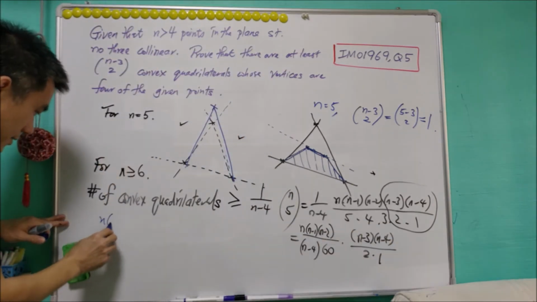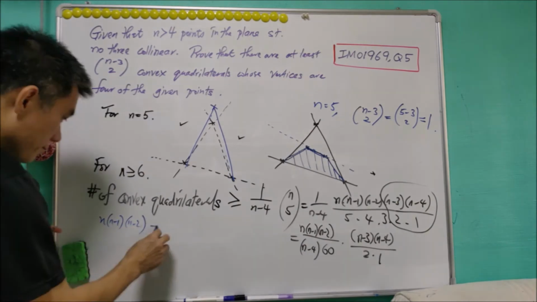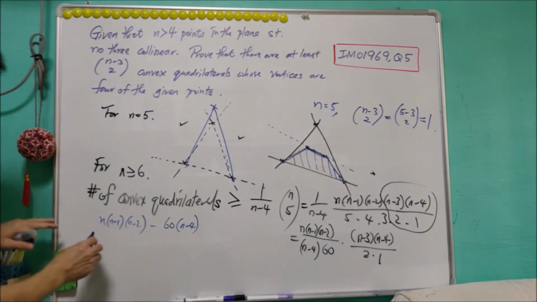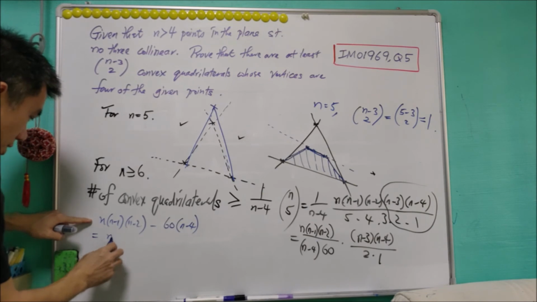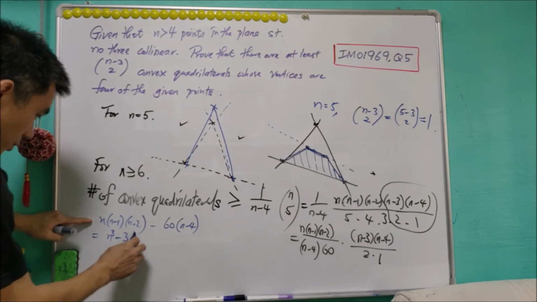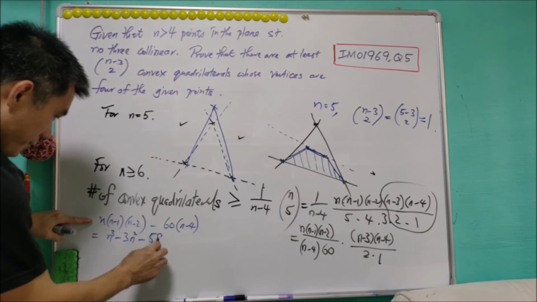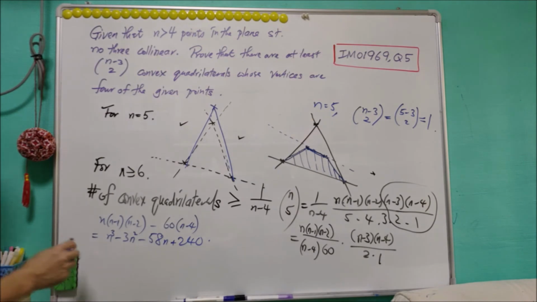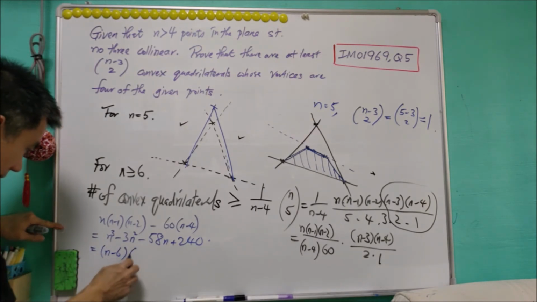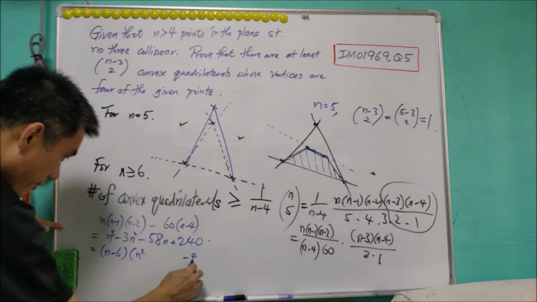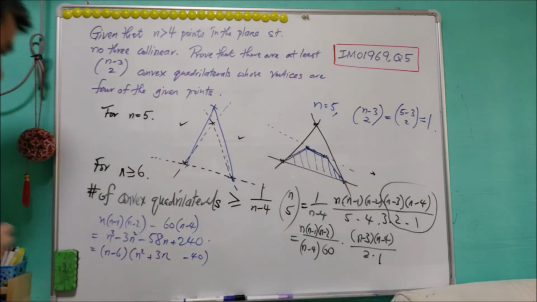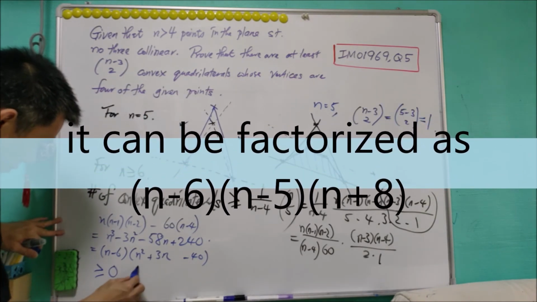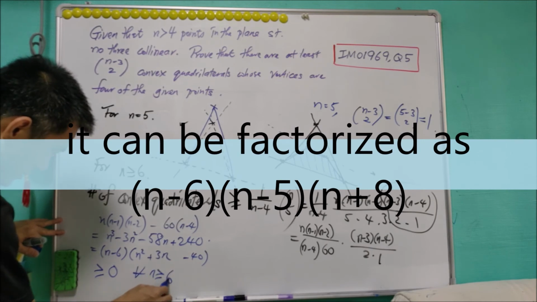Let's consider n(n-1)(n-2) minus 60(n-4). This equals n cubed minus 3n squared minus 58n plus 240, which factors as (n-6)(n squared plus 3n minus 40). From here, it is easy to see that this is greater than or equal to 0 for all n greater than or equal to 6.